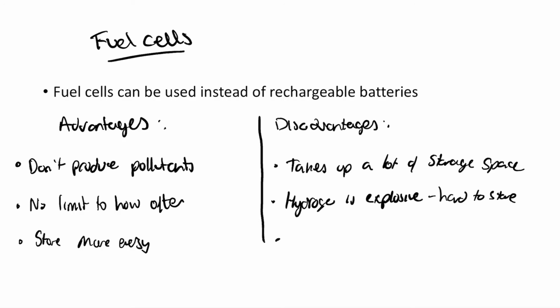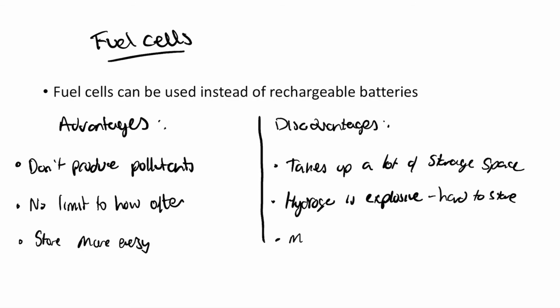And finally, to produce hydrogen and hydrogen fuel, which often comes from hydrocarbons, which are fossil fuels, or electrolysis, which uses electricity. Okay, and getting this electricity actually does produce pollutants. So getting the hydrogen in the first place comes from doing things that require electricity, and therefore some pollutants are going to be formed to get that electricity.